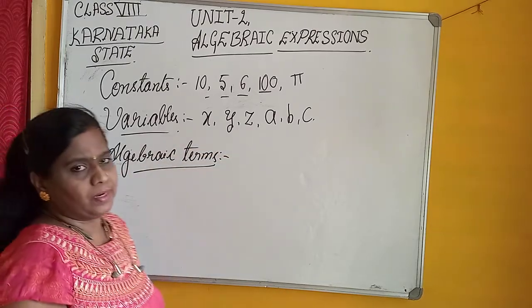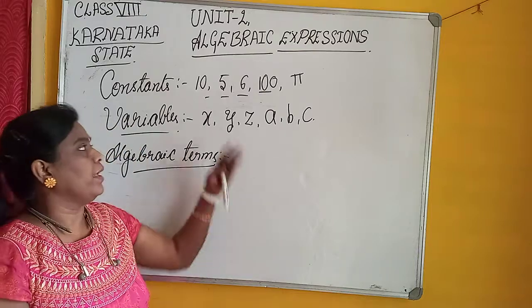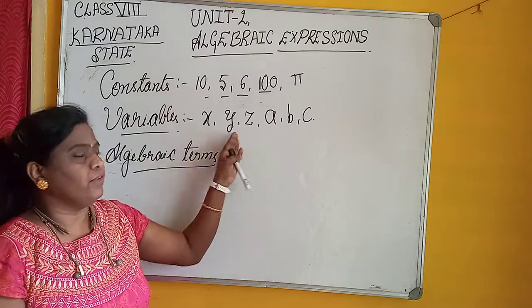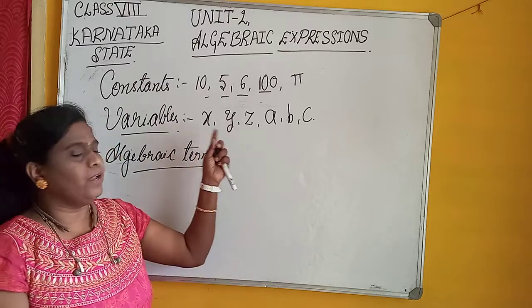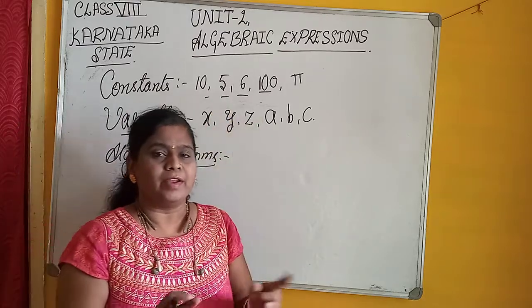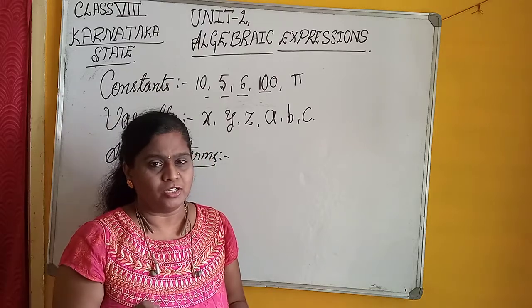What is an algebraic term? An algebraic term may be a constant, a variable, or a combination of a variable and a constant. It may be a multiplicative product. Understood?